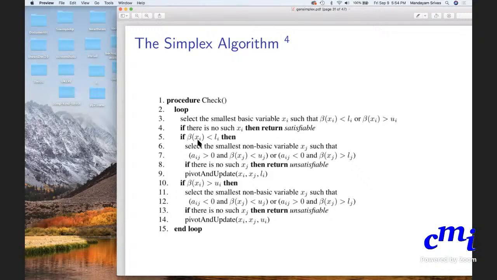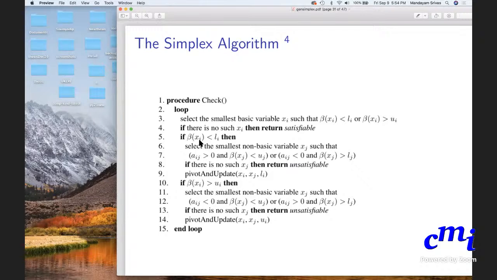If there is one or more variable that violates either its lower bound or upper bound constraint, then you pick the smallest such variable in the variable ordering, and select the smallest non-basic variable.